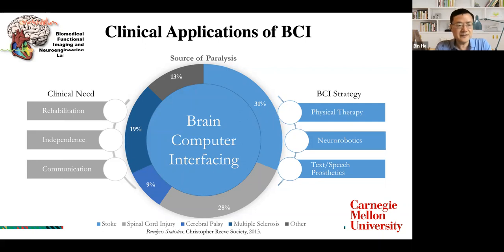There is a clinical need for rehabilitation, to make the patient independent, and to assist the patient with communications. Mind control or brain-computer interface can be used to assist physical therapy, could be used as neurorobotic tools, and could assist in text or speech prosthesis.